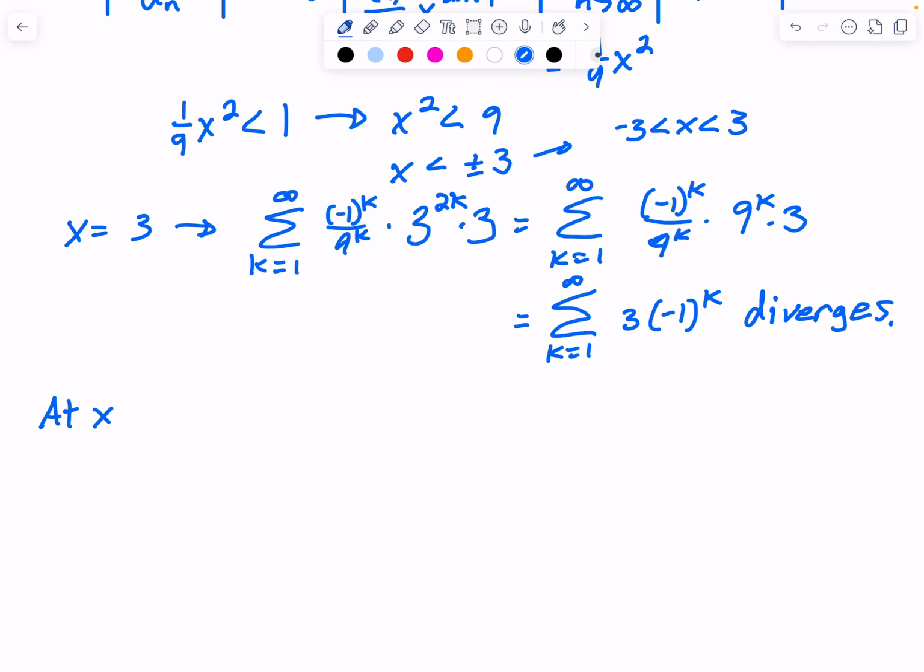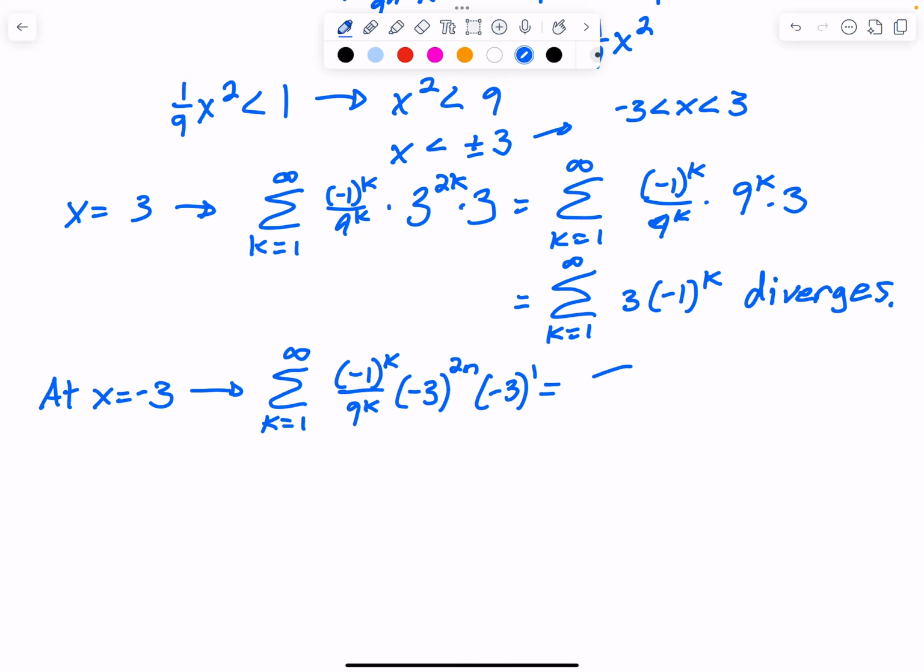At x equals -3, if I plug that in, I get the sum from k equals 1 to infinity of (-1)^k over 9^k. Nothing changes there. And then I'm going to get (-3)^(2k) and (-3) to the first power.